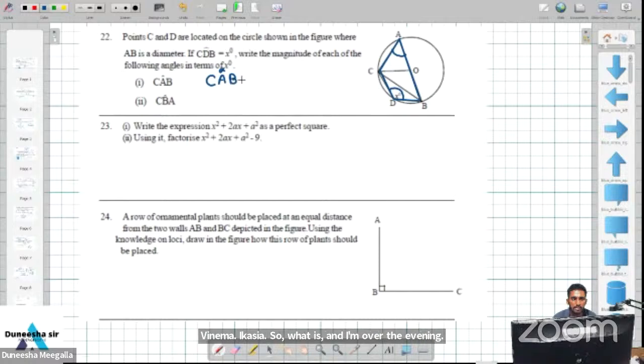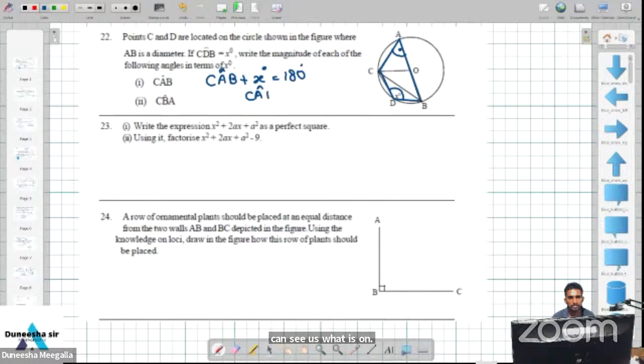CAB plus CDB කියන්නේ මෙන්න මේක. X equal to 180. එහෙනම් CAB is equal to 180 minus X. Okay.